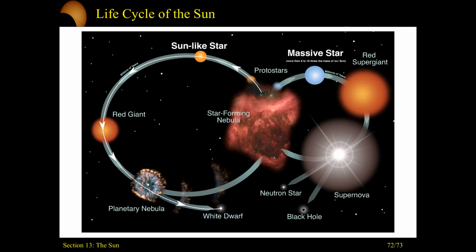This isn't fusing, but this thing will glow bright for millions of years as it slowly radiates all of its hot energy away. Whereas the material that the sun has spit out, thrown away, well, that'll create a new nebula and form the next generation of stars.